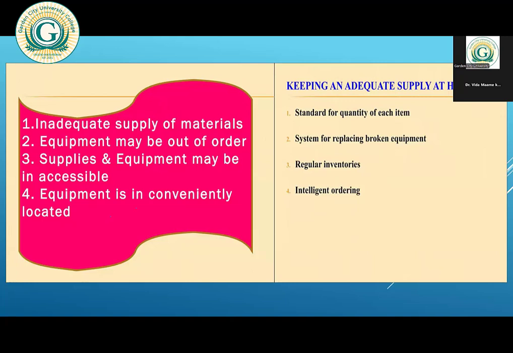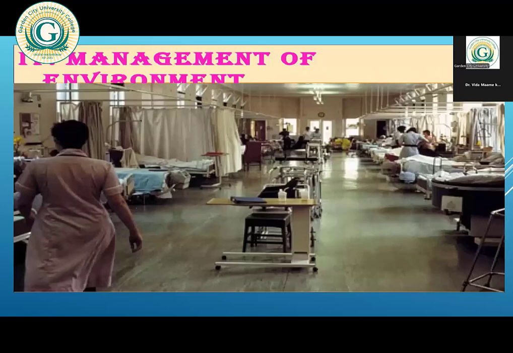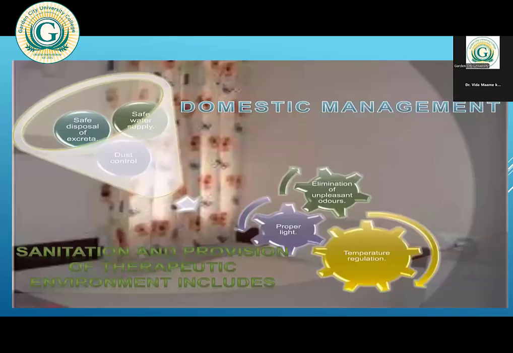After the supplies, the 4th thing is management of the environment. It is very important and crucial at this stage. How do you manage the environment? With the environment, we have sanitation and provision of therapeutic care.